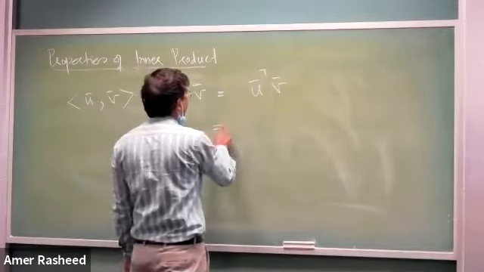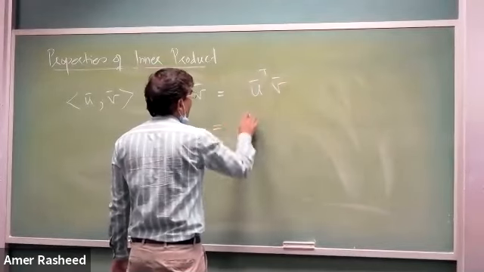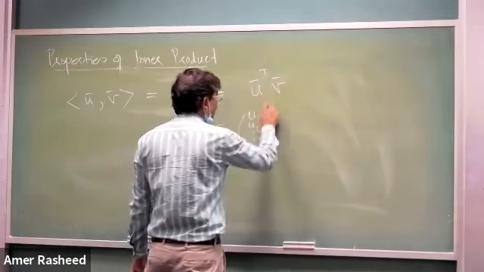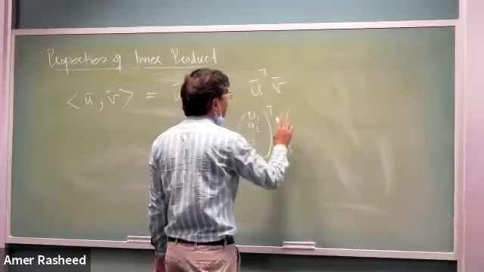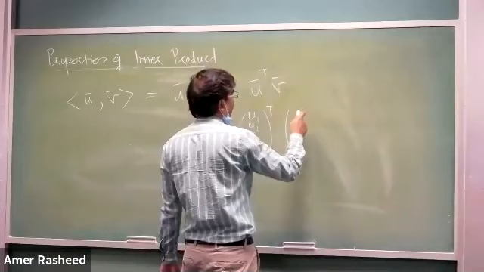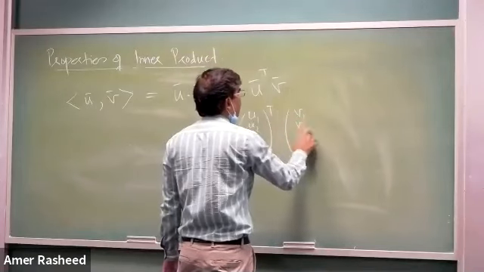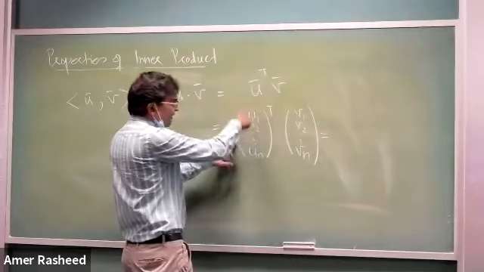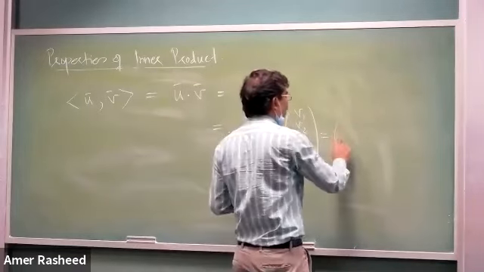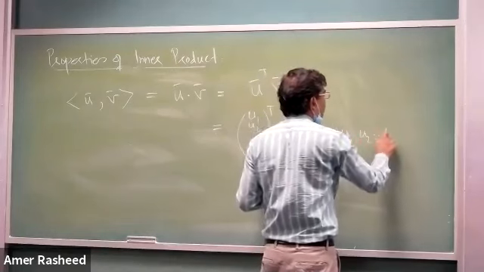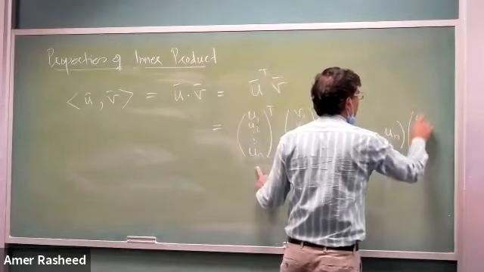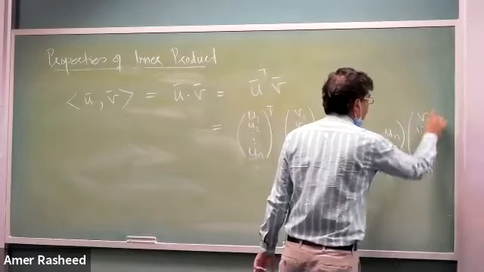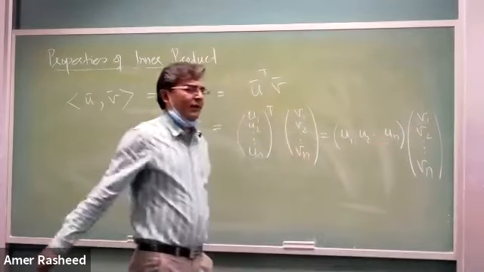If you have a vector u = (u1, u2, so on, un) and v = (v1, v2, so on, vn), then if you take the transpose of u, it becomes a row vector (u1, u2, so on, un), and you multiply it with (v1, v2, so on, vn). Now this is a simple matrix multiplication.